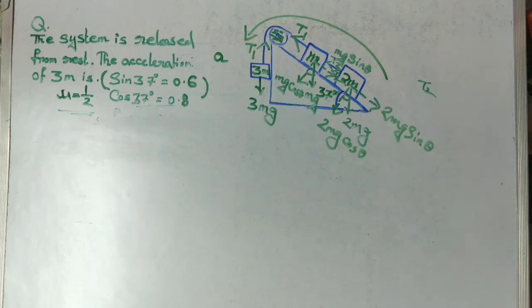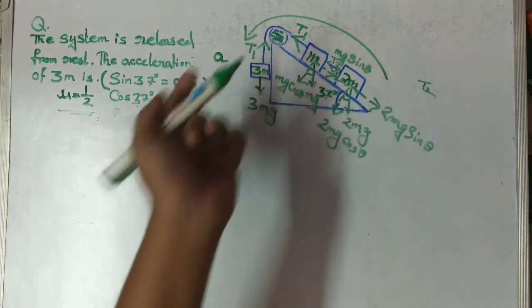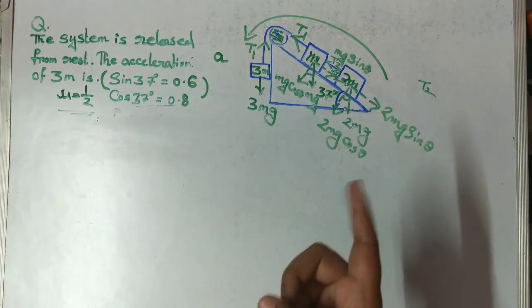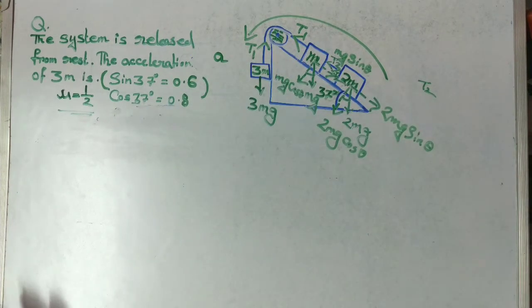And at last, as the system will be moving and the inclined plane is not frictionless, there will be friction. When there is motion on a plane that is not frictionless, there will be a frictional force which will oppose the movement.